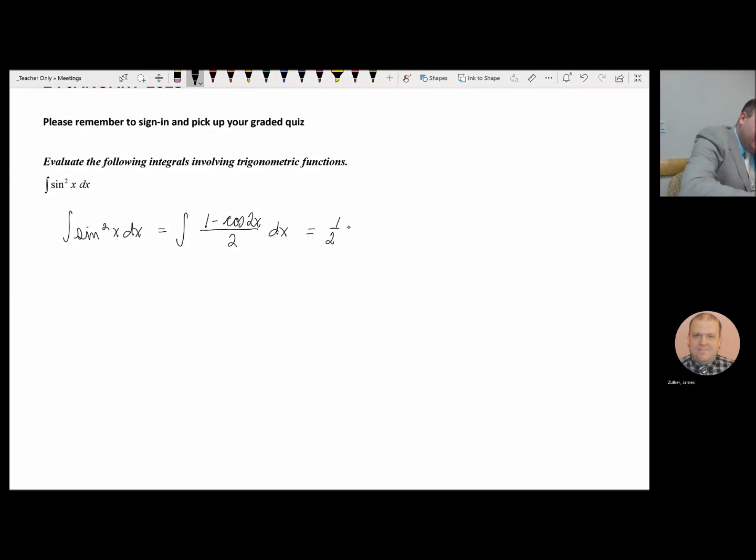Derivative of sine squared is 1 minus cosine 2x. Antiderivative of 1 minus cosine 2x all over 2. All I did was reduce sine squared to 1 minus cosine 2x over 2. Sine squared is the same thing as that. Right, that's the identity.